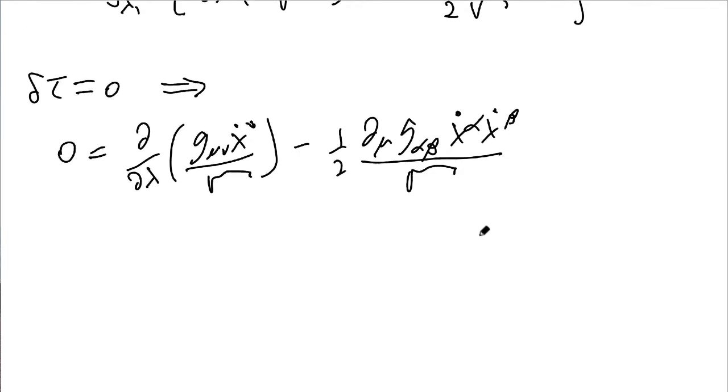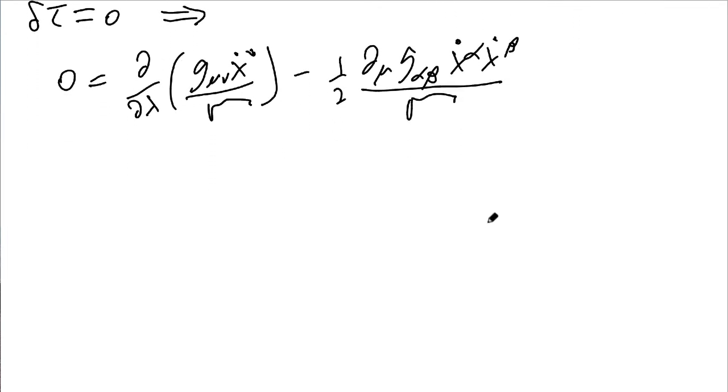So this equation describes timelike geodesics for an arbitrary parameter lambda, but in particular it holds if that parameter lambda happens to be equal to proper time, as a particular case. So we can set lambda equal to proper time here, and the equation will still hold.